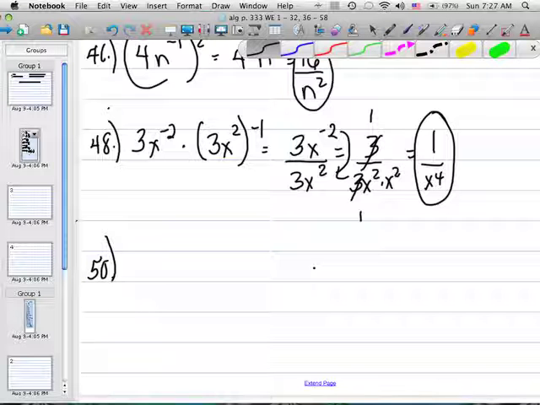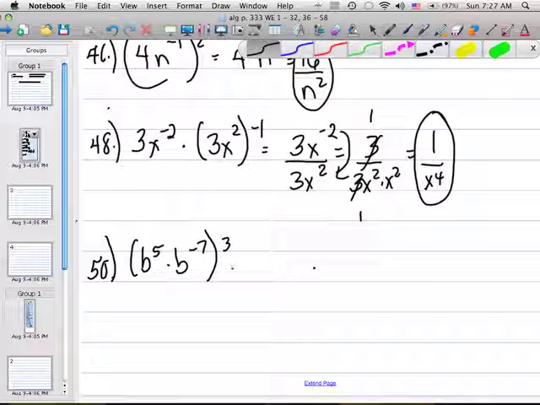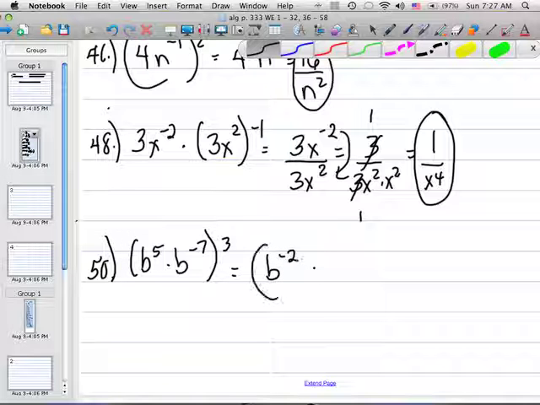50, we have b to the 5th times b to the negative 7th taken to the 3rd. I want to do what's inside first and add my exponents, so that's going to be b to the negative 2. And I want to finish and take the power of the power and get b to the negative 6, and now I'm going to flip it.